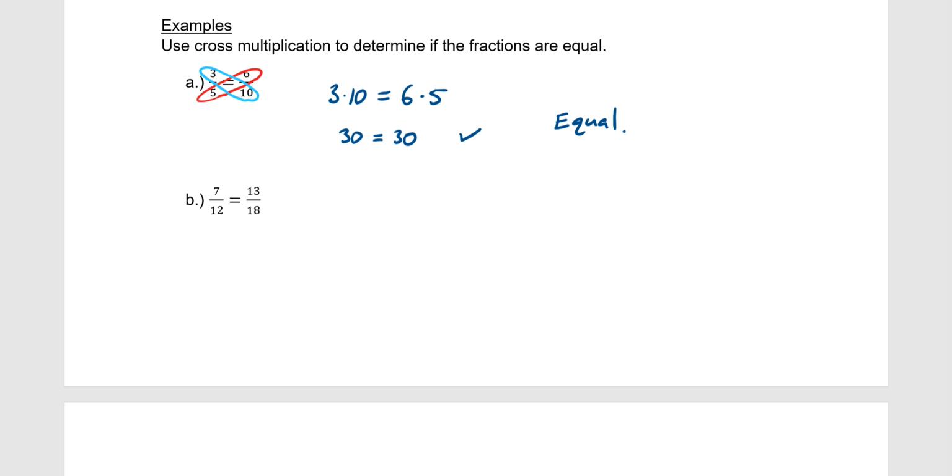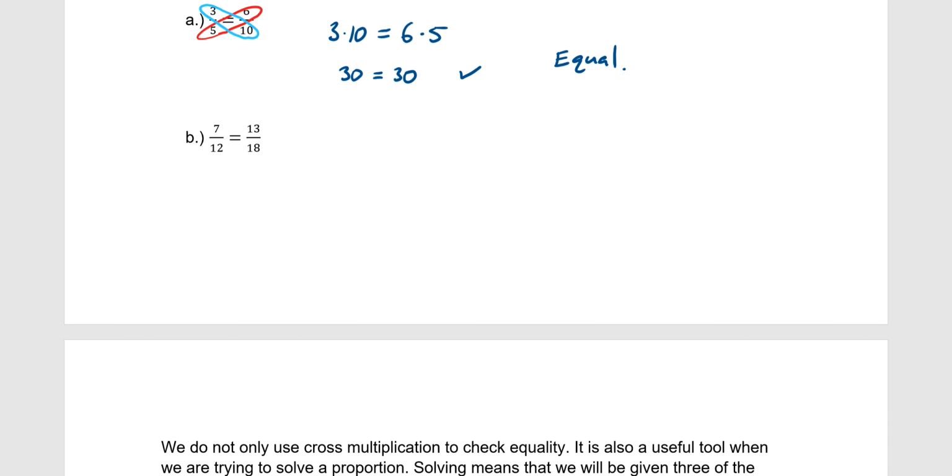These fractions are equal. For this next one, we have 7/12 equals 13/18. So once again, we're going to multiply numerators and denominators together. So we're going to get 7 times 18 equals 13 times 12. It doesn't matter which one you put first. You could put, for example, on the left, you could put 18 times 7.